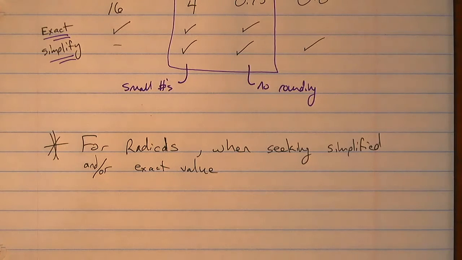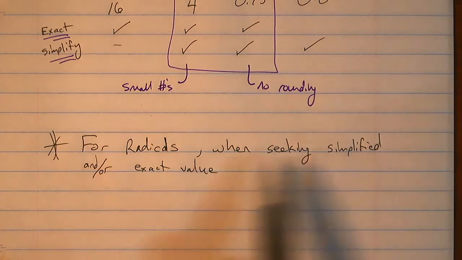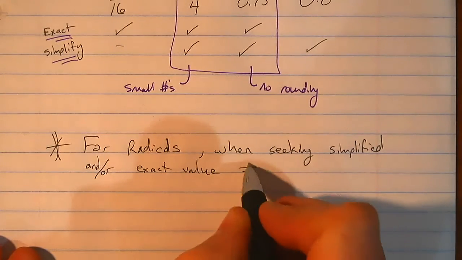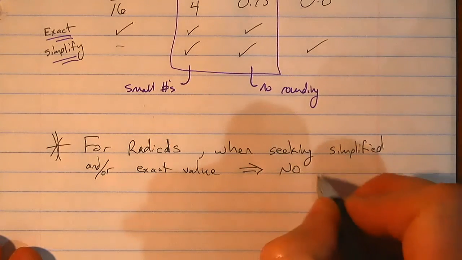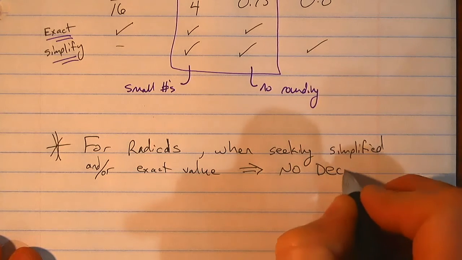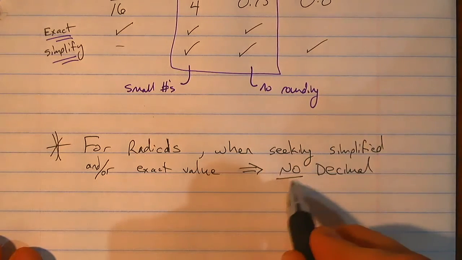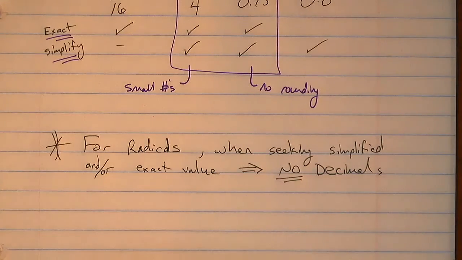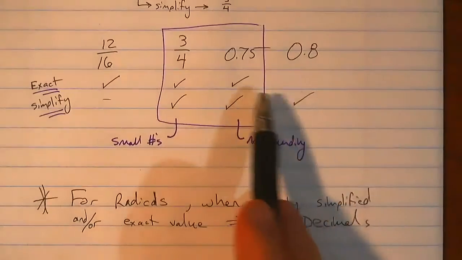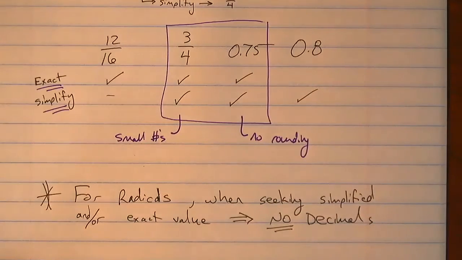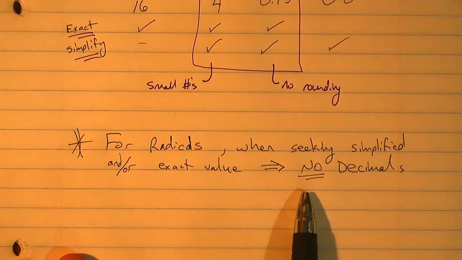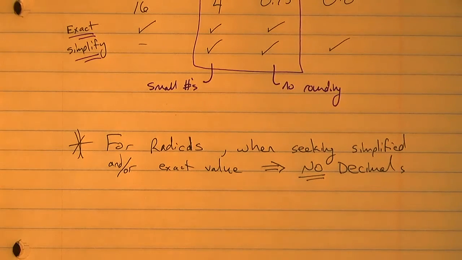Those things all kind of mean the same thing. If that's what you're trying to find, the implication is your answer cannot have a decimal. All right, so that's the first big takeaway. Because as soon as I round off, it's not exact, and everything that has a radical with decimals has been rounded off. When I'm looking for a simplified exact answer, I cannot have any decimals.